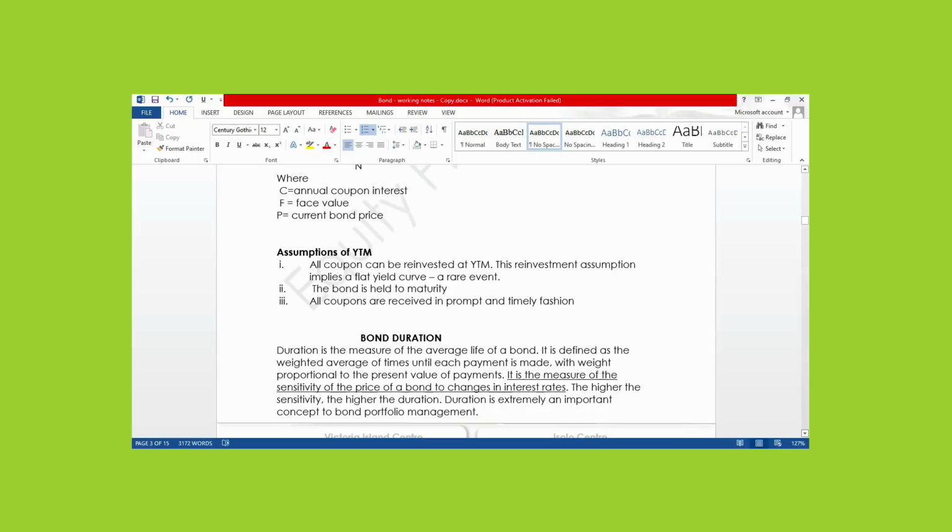You are asked to calculate YTM and explain why the investor may not realize the calculated YTM.